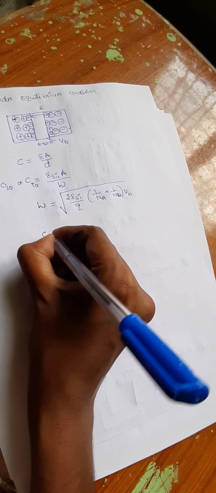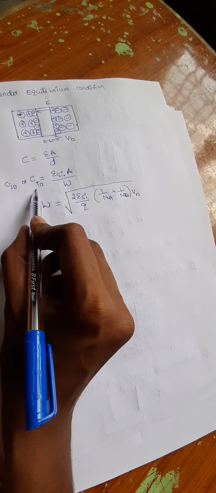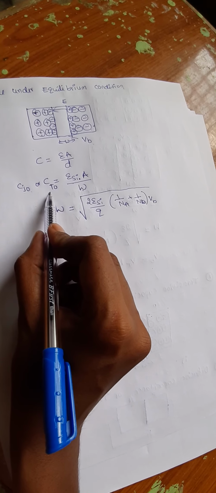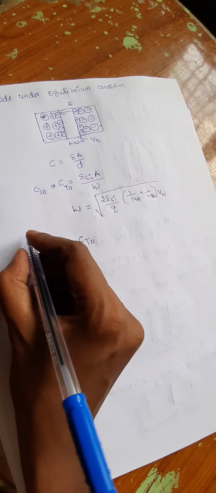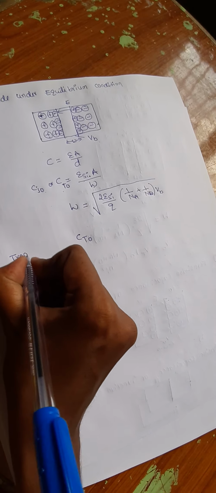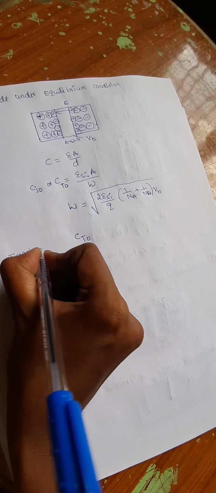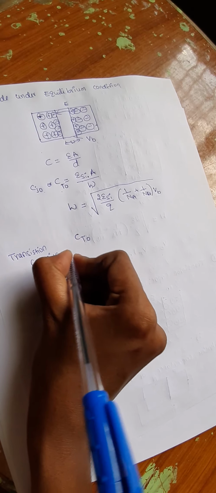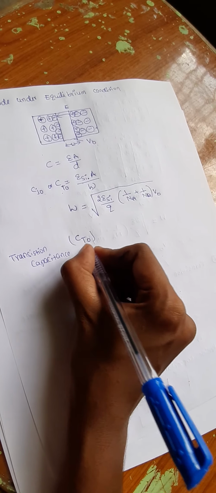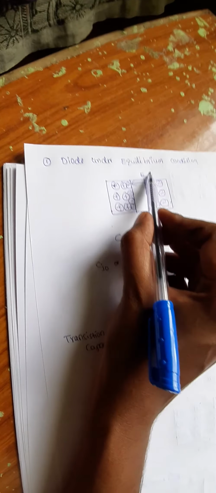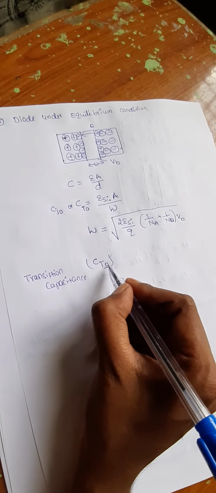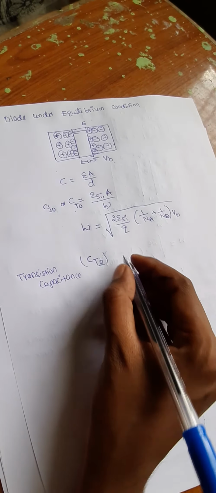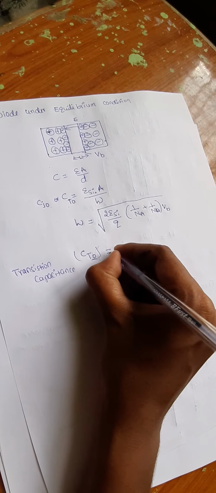CT naught is the transition capacitance of the diode, or the junction capacitance. I am using the 0 because it is an equilibrium condition.